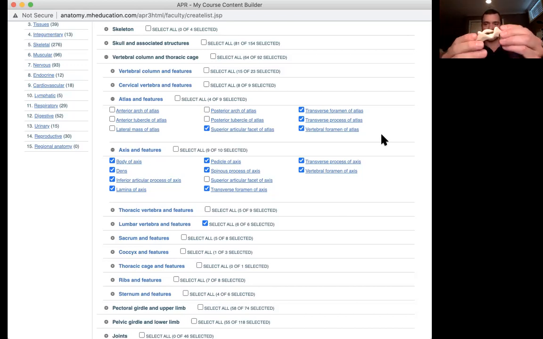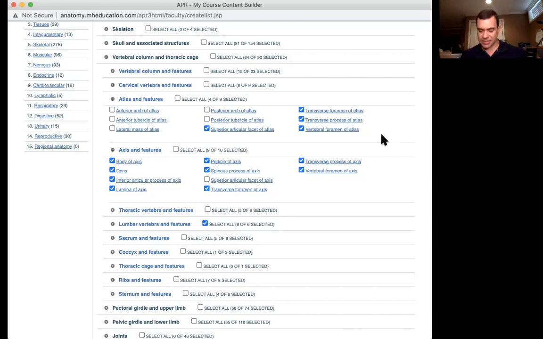Here is atlas, okay? Atlas articulates with the occipital bone that we saw earlier. So it's atypical. It doesn't have a body. It has two articulating surfaces, a superior articular facet and an inferior articular facet.